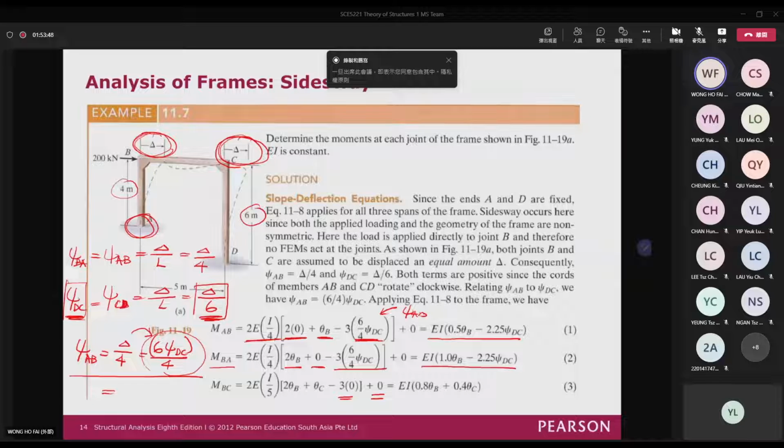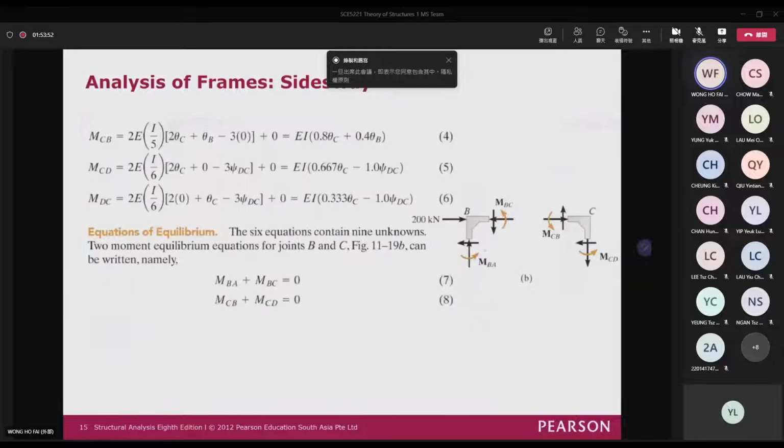And then again, to solve for the unknowns, because I have theta B and theta C, I can use the 2 joints here to solve for the answer. The two joints are similar to before, because the moments at the member ends when they act together should be equal to 0. So it is straightforward. You just have MBA plus MBC equal to 0, MCB plus MCD again equal to 0.